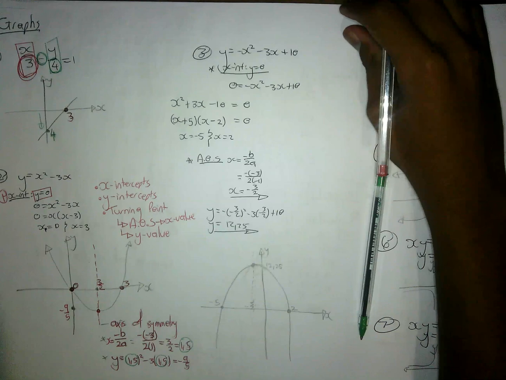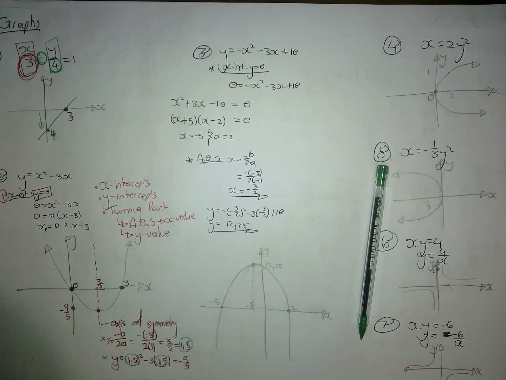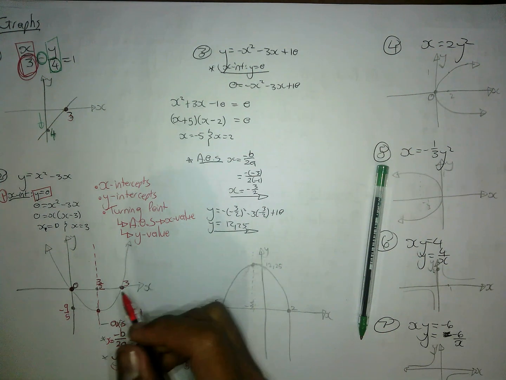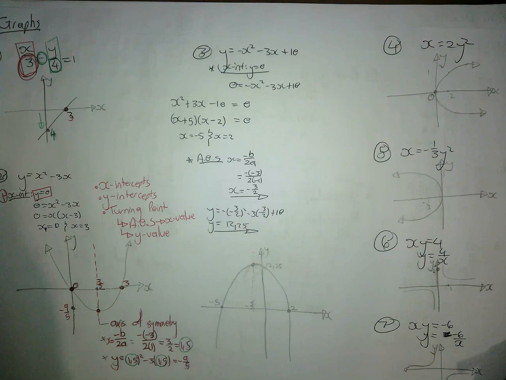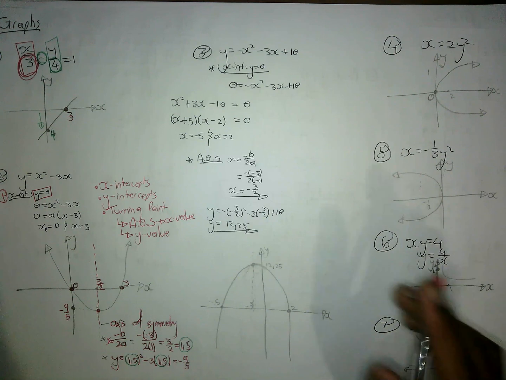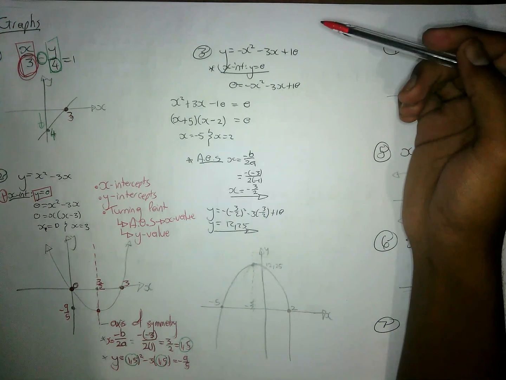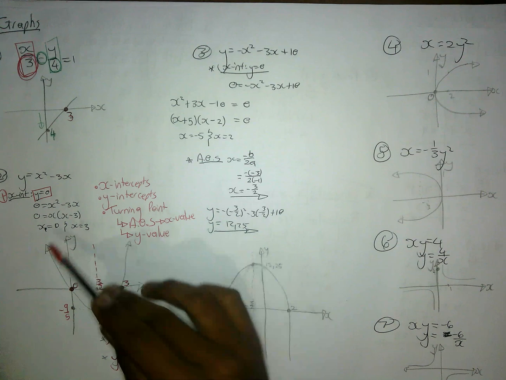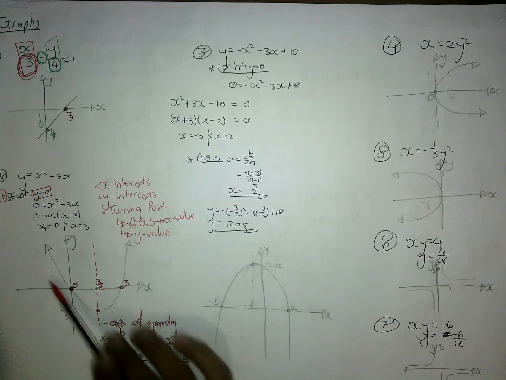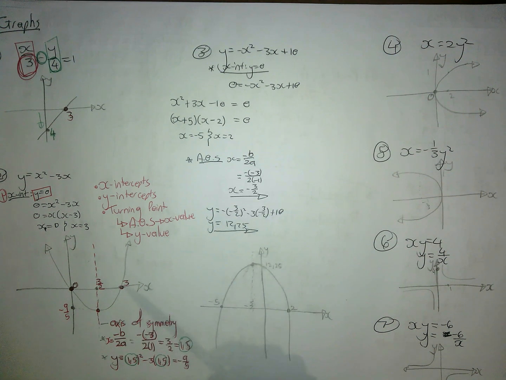The next one is also a parabola. The only difference is that this one is a positive parabola, a positive graph, and this one is a negative.